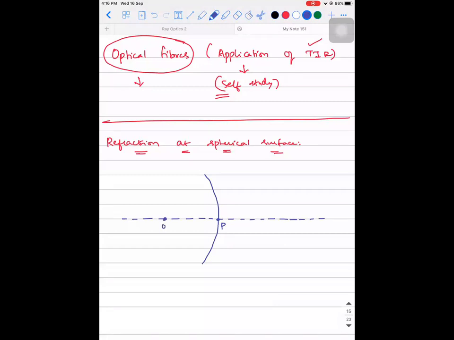Now I'm asking you to complete the ray diagram. So how will you do this? So this is O. Let's say this is the center of curvature. Let's call it C. Now tell me, how will you complete the ray diagram for this?